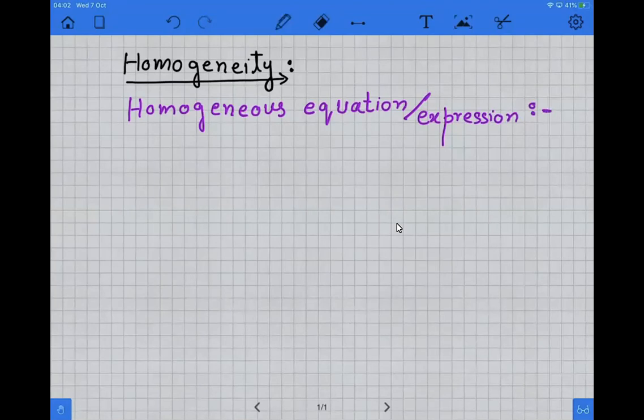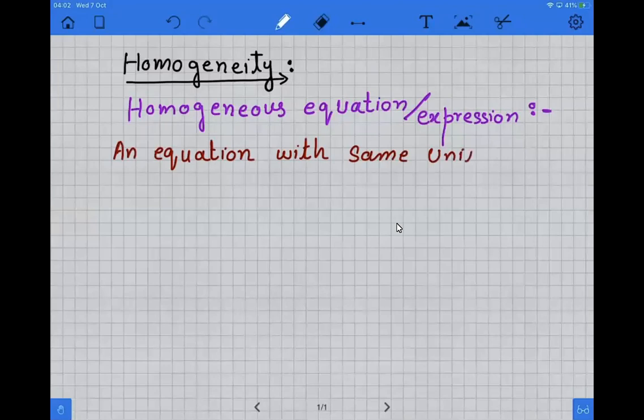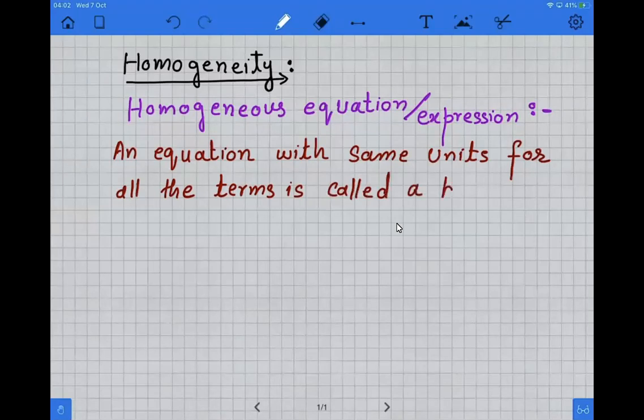So, basically, an equation with same units for all the terms is called a homogeneous equation.